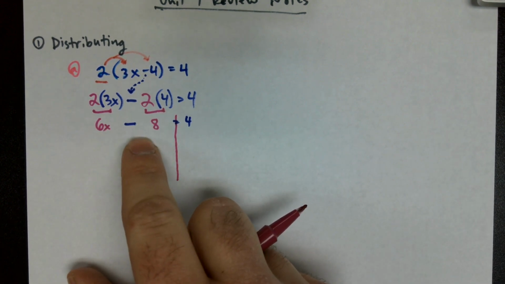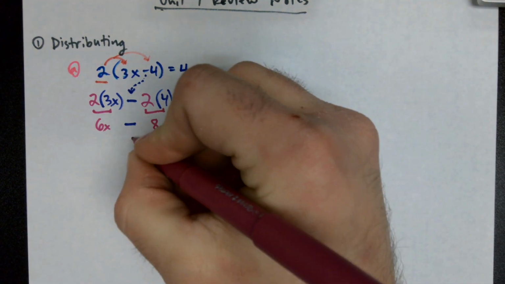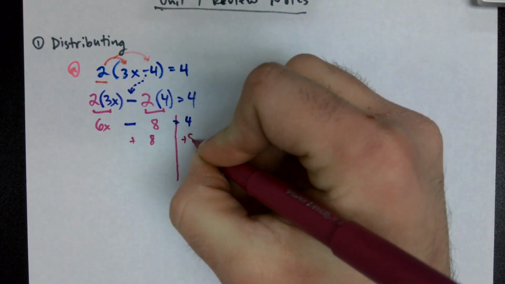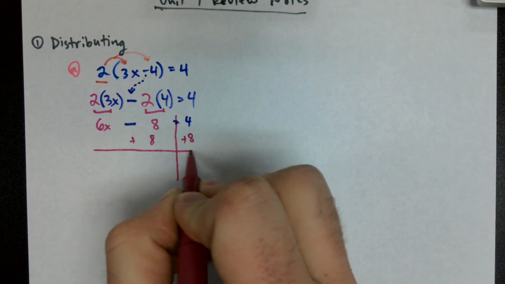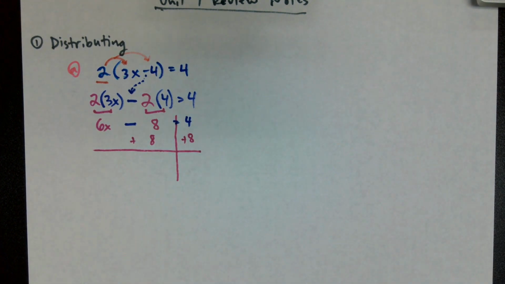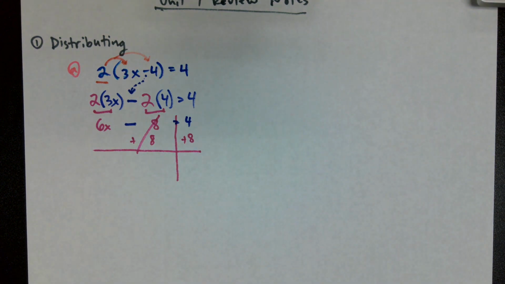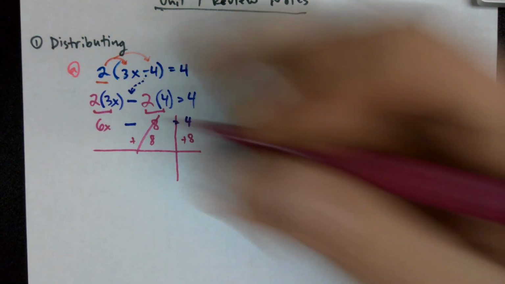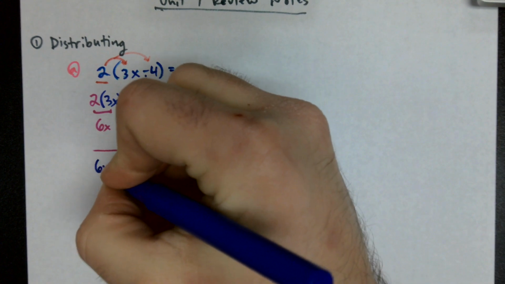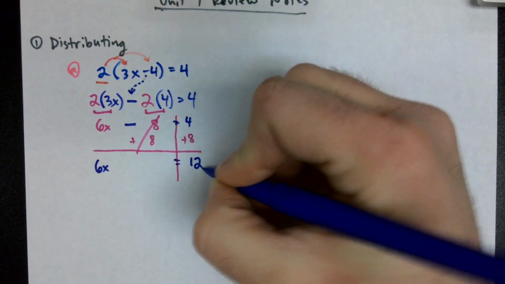And we're going to do the inverse of minus 8, which is going to be plus 8. And just like we talked about in our warm-up, we got to add 8 to both sides, right? These 8's go away because negative 8 plus 8 is just 0, leaving us with 6x equals 12.